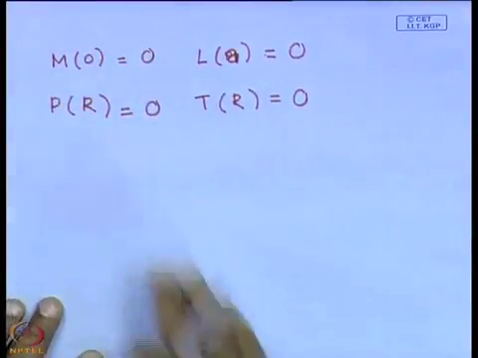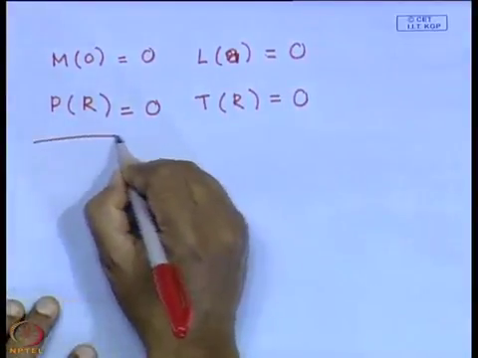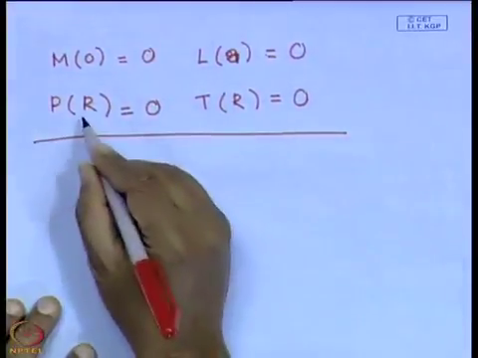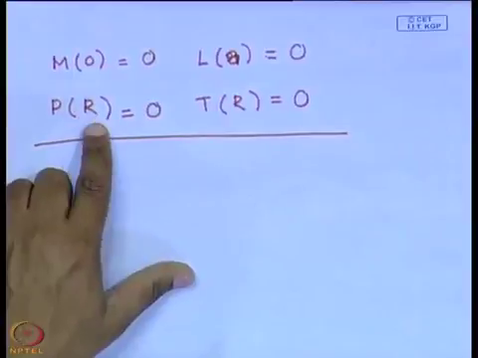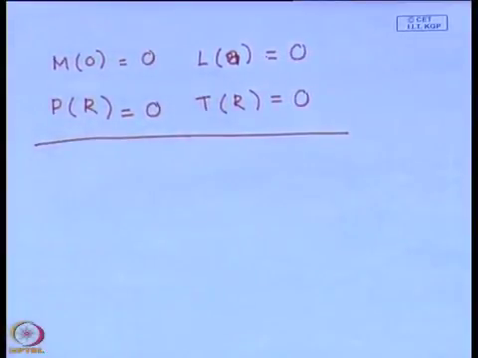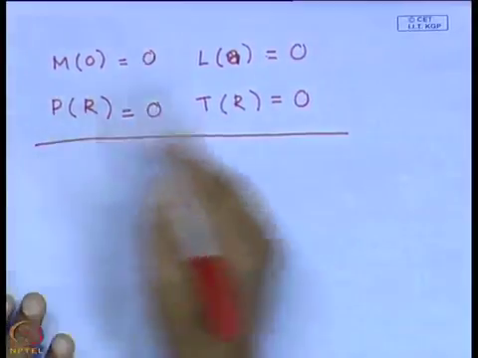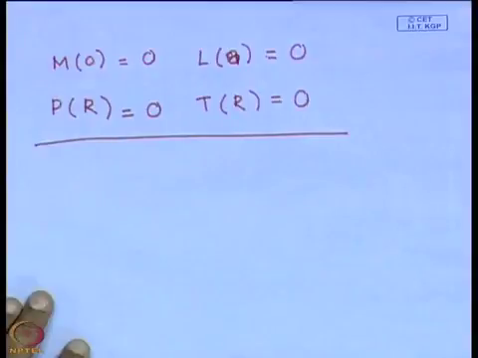What one would have to do now is specify the radius of the star, because which are the points where you want to set these two to 0? One would have to specify the radius of the star, and by solving these equations, you would get the mass of the star.